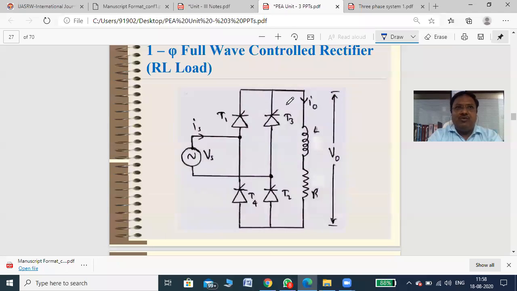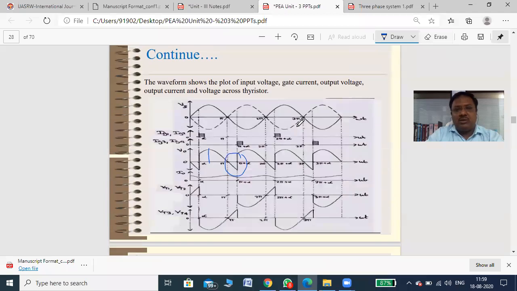But if alpha is greater than 90 degrees, then power is delivered from load to source side. At that time the output voltage is negative and maximum power is transferred from load to source. When power transfers from load to source, it is called inverter operation. That is the remaining part which I had not explained in the previous lecture.